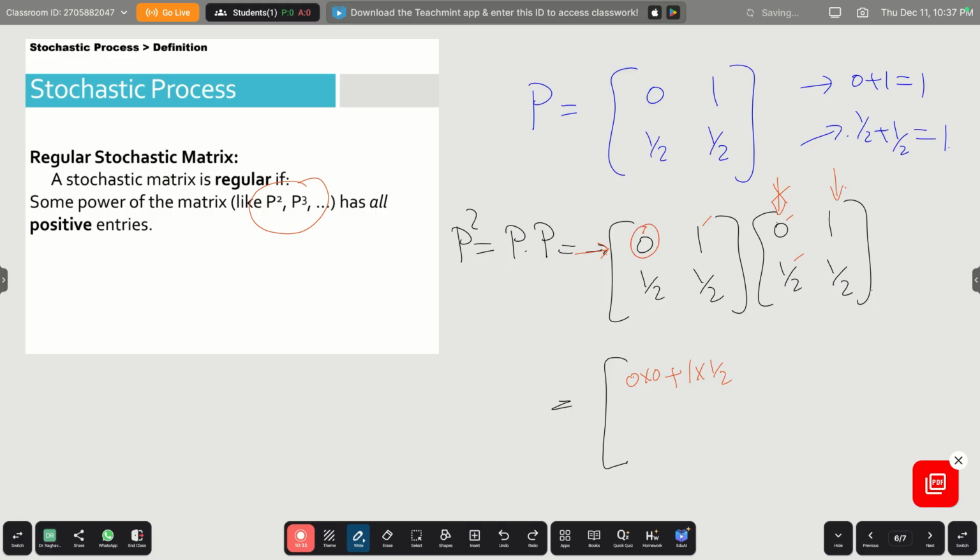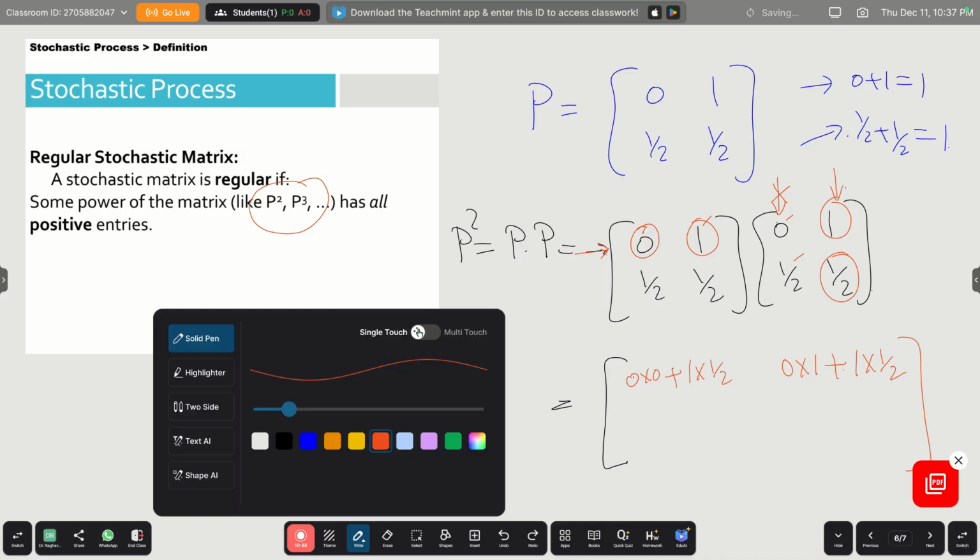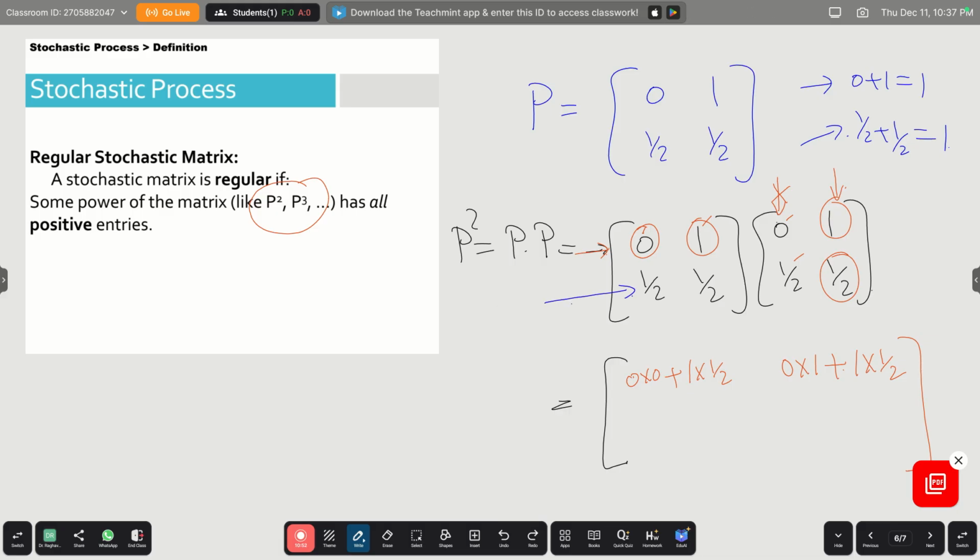So first row 0 into 1 plus 1 into 1 by 2. Right. So this is done. First row, second column also is done. Now instead of first row, I'll go to second row. So second row is this. Alright, where half and half is there.